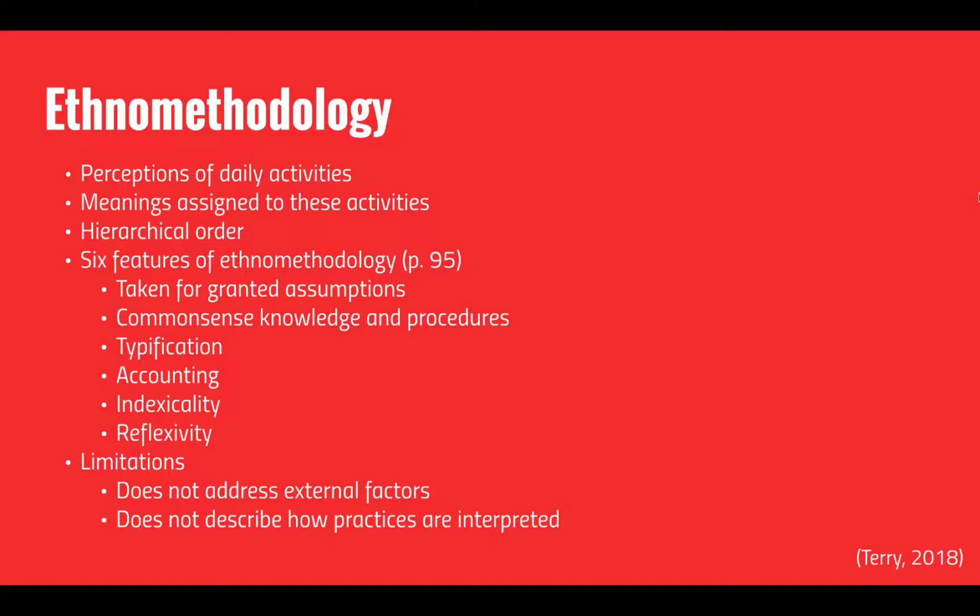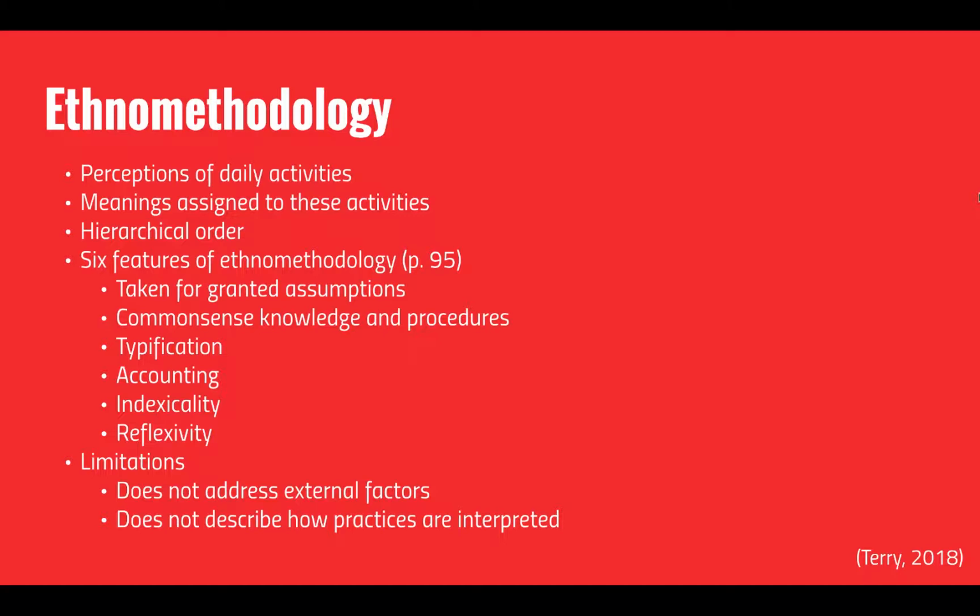There are 6 unique features of ethnomethodology that must be considered when contemplating this research design. It is assumed the routine activities are taken for granted. The knowledge used by the participants is common sense related to knowledge and procedures. The participants use typification to classify objects and experiences.